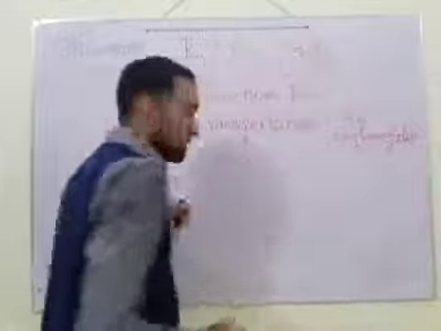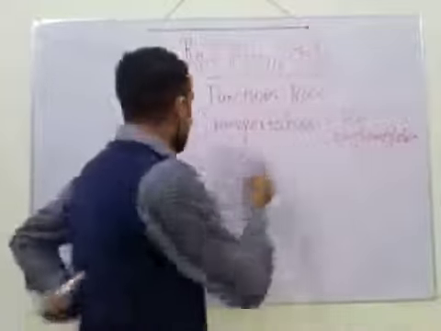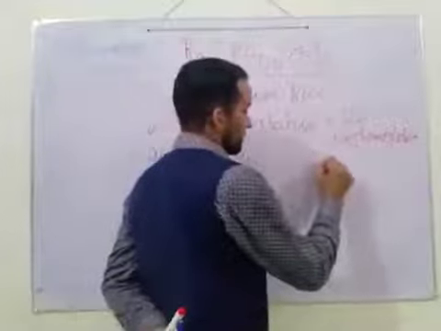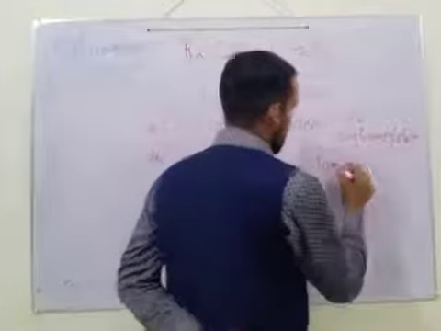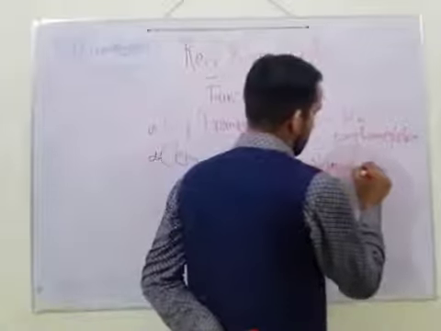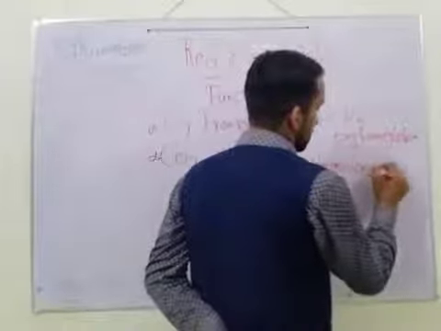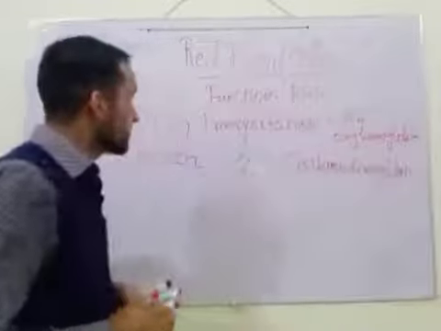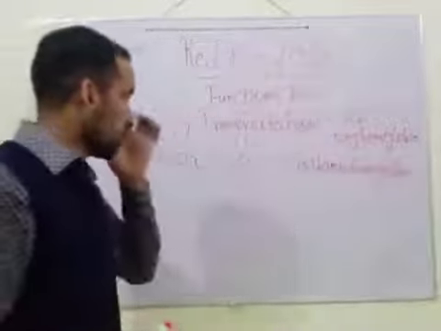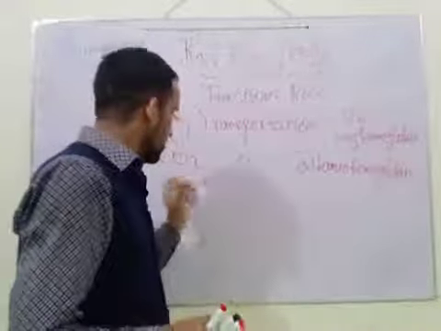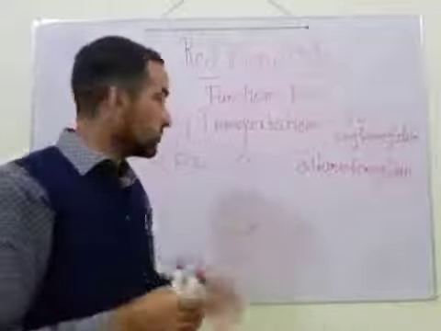And in CO2 transportation, when hemoglobin combines with CO2, it makes carbaminohemoglobin. So we can understand that the function of red blood cell is the transportation of O2 from the lungs to the tissue, and removing or transportation of CO2 from the tissue to the lung.